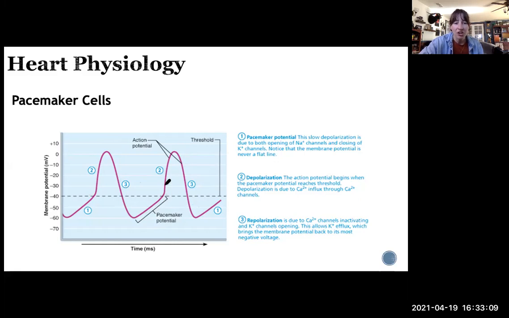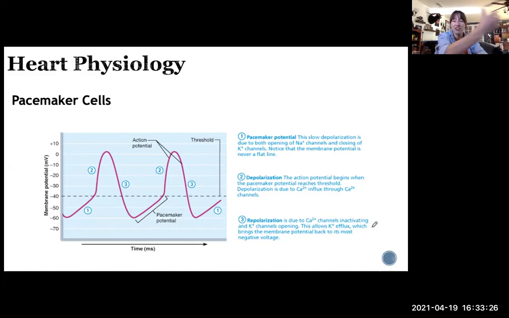After the contraction, you have to have repolarization, as we learned in part A, and then again when we talked about the nervous system and action potentials traveling through neurons. You have to have a repolarization, kind of a reset, right?